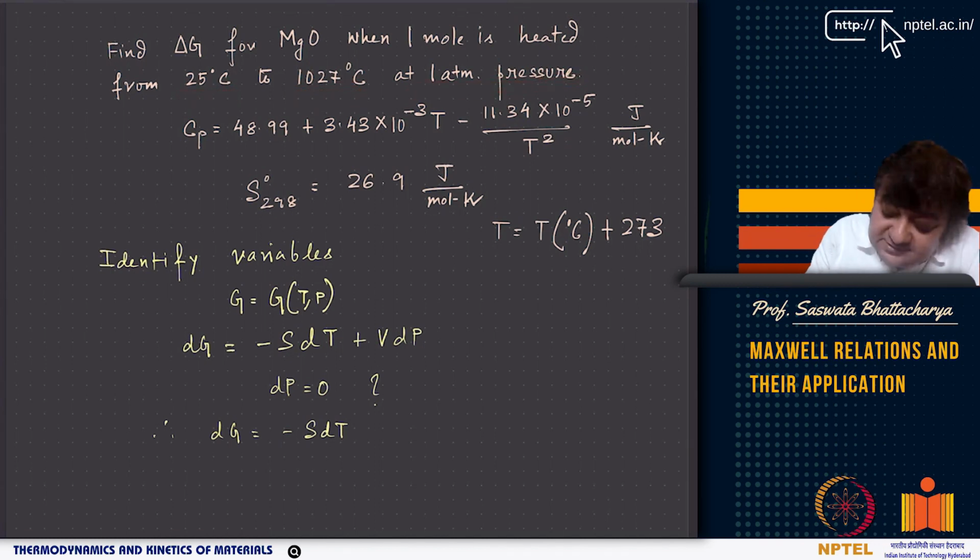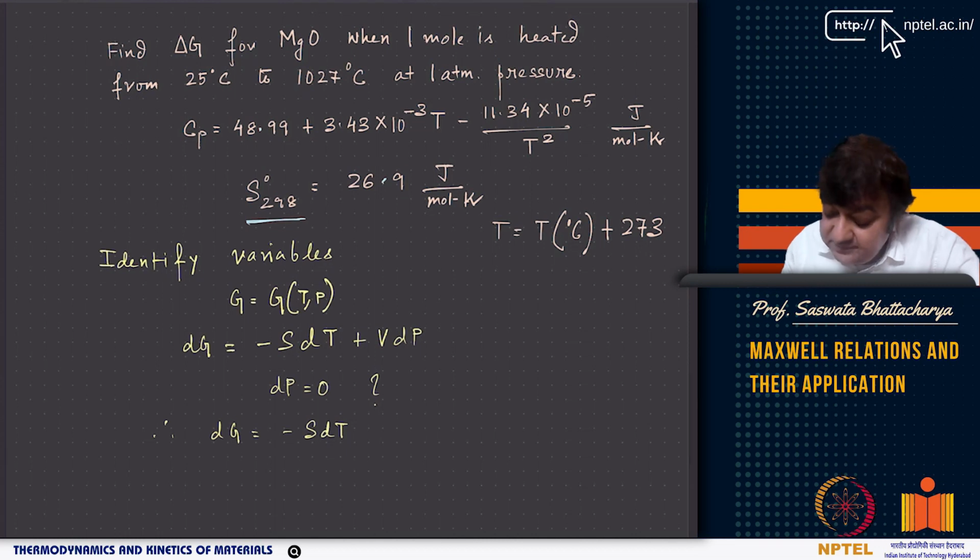And what we have given is the property of magnesium oxide in terms of Cp, which is 48.99 plus 3.43 10 minus 3 T minus 11.34 10 minus 5 by T square joule per mole Kelvin. Cp here is the molar heat capacity. S0298 is also given, which is basically the reference entropy, the standard entropy at 298 Kelvin or room temperature, which is given as 26.9.